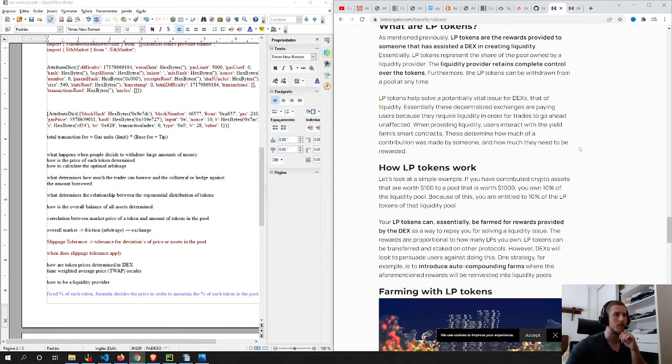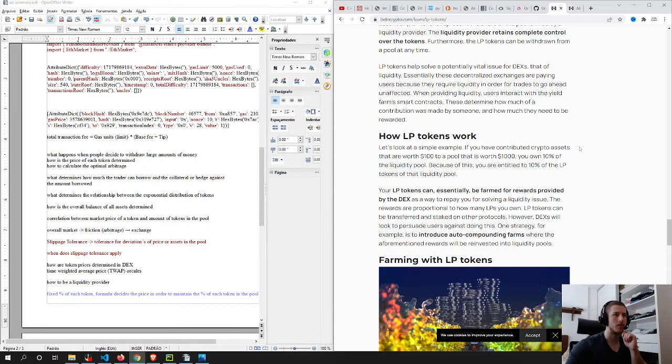LP tokens help solve a potentially vital issue for DEXs, that of liquidity. Essentially, these decentralized exchanges are paying users because they require liquidity in order for trades to go ahead unaffected. When providing liquidity, users interact with the yield farm's smart contract. This determines how much of a contribution was made by someone and how much they need to be rewarded.